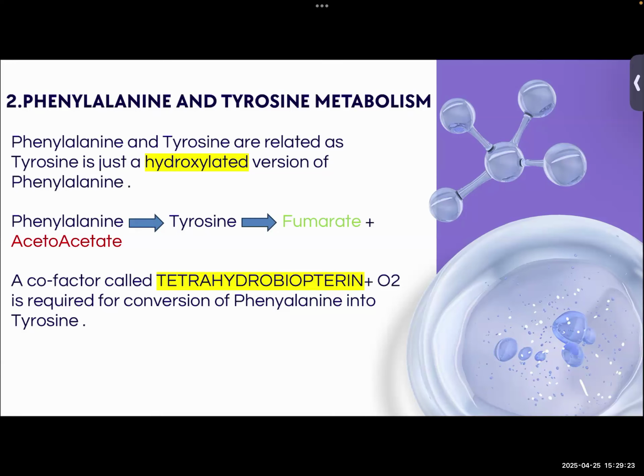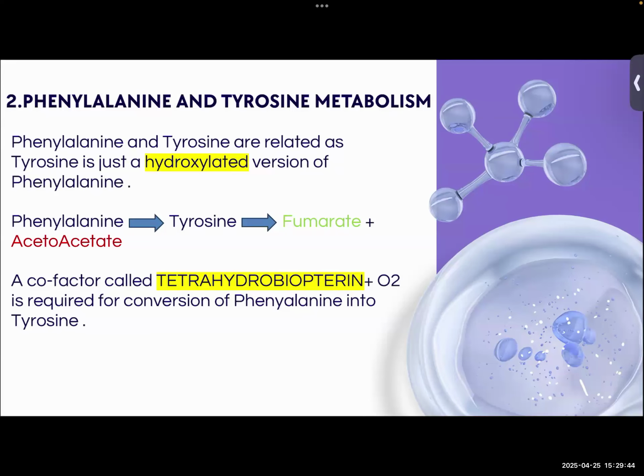But it's not that simple. There's obviously a cofactor, and this cofactor is called tetrahydrobiopterin. You also need oxygen for this reaction to occur. So basically, when you have tetrahydrobiopterin, then phenylalanine can be converted into tyrosine. And yes, please, you need to remember the name of the cofactor.